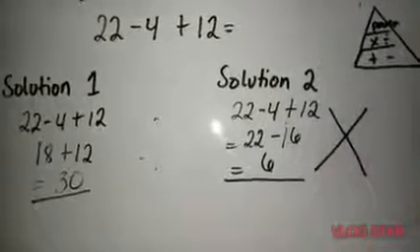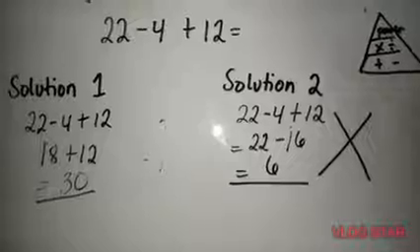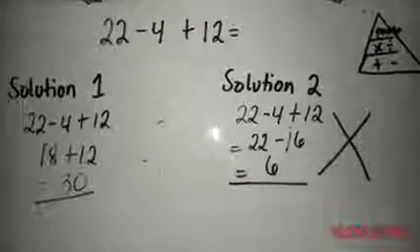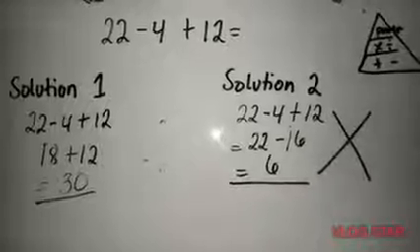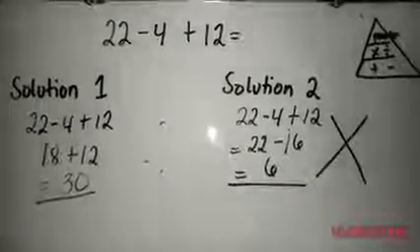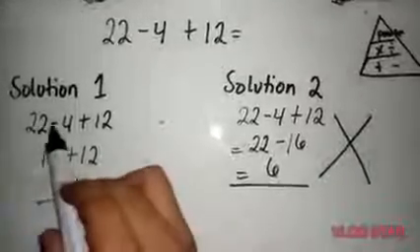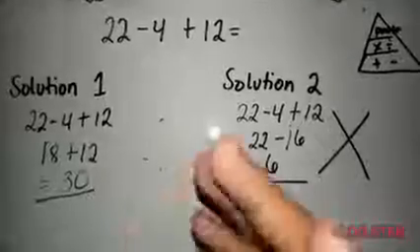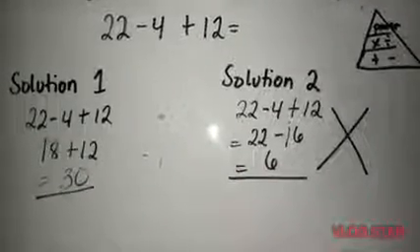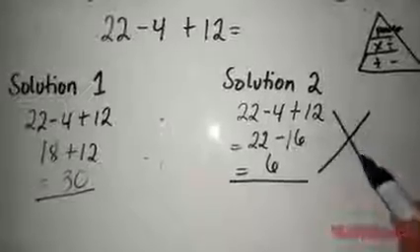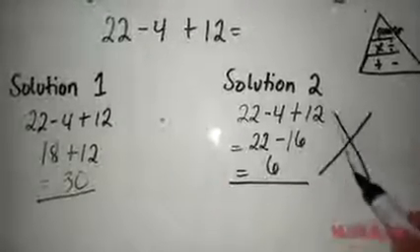As I said a while ago, addition and subtraction have the same level of priority. So in case subtraction comes first before addition, you should subtract first, just like what we did in solution 1. Then after subtracting, that's the time for you to add. Why is this wrong?